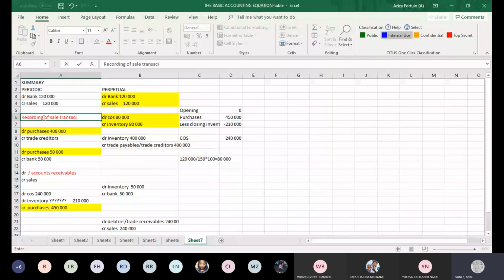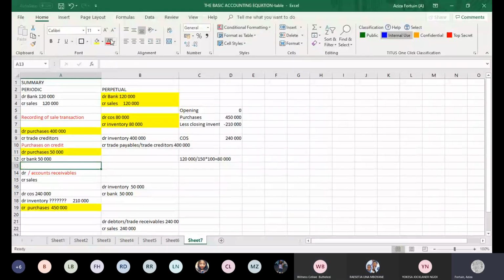Here you can say purchases on credit. You're going to have to narrate it, eh? Purchases on credit. Here you're going to say cash purchases. And here you will say recording of a sale. So you need to give me that as well now.